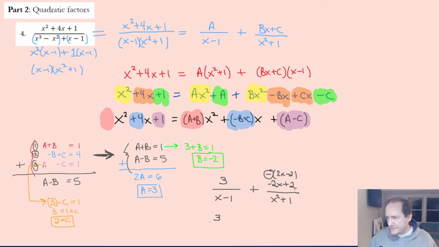So really the best answer is 3 over x minus 1 minus 2x minus 2, all over x squared plus 1, and then box that up. That's the best possible answer.